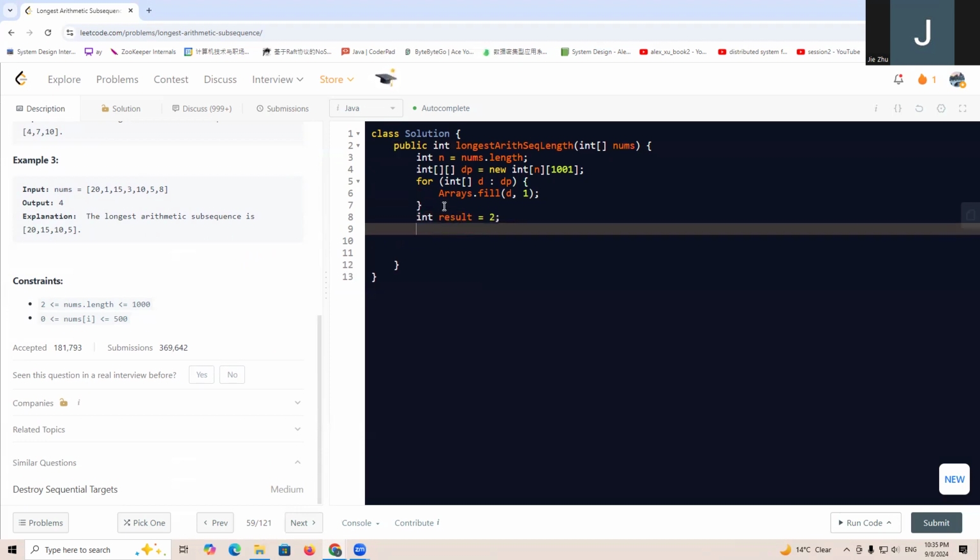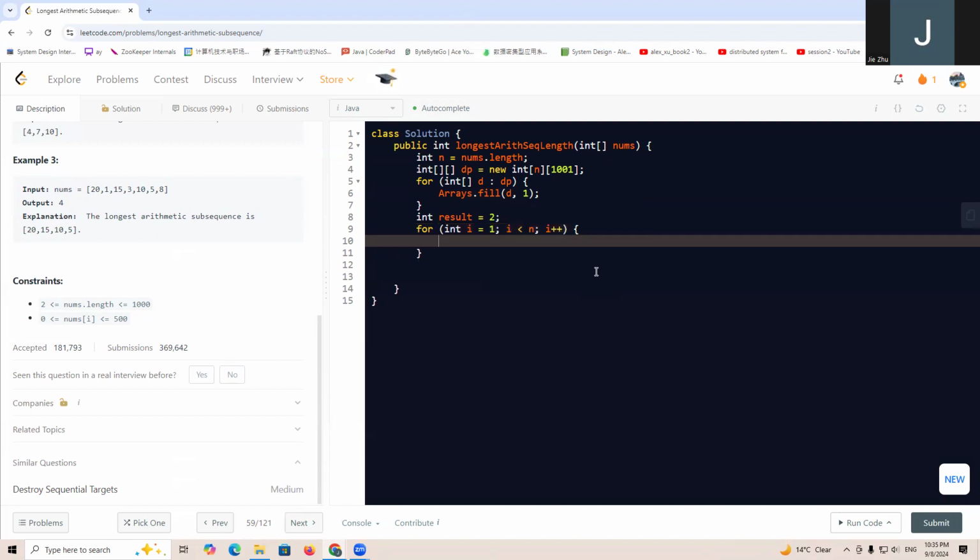Then we iterate: for int i equals 1, i smaller than n, i plus plus, then for int j equals 0, j smaller than i, j plus plus.